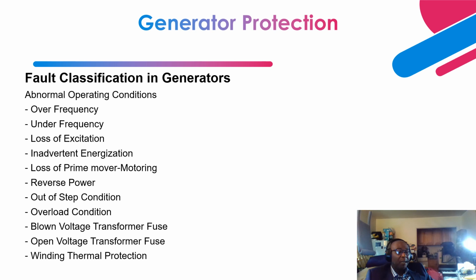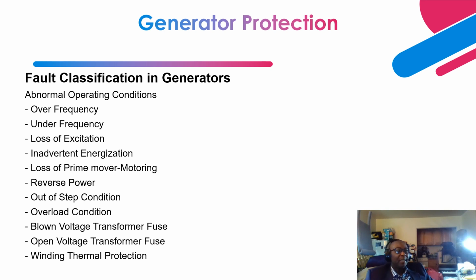Then we have loss of prime mover, or motoring, and that is when you have reverse power, right? Device 32 detects power flowing into and motoring the generator. Then the out of step condition, that is device 78, right? The AC grid has many transmission lines that are interconnected. You have, let's say, thousands of generators, or let's be realistic, about 200 generators that are all interconnected to many transmission networks, right?